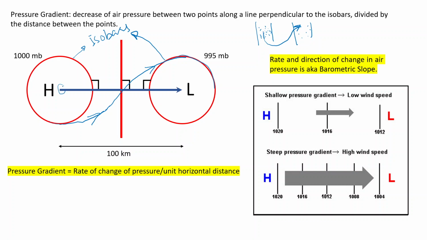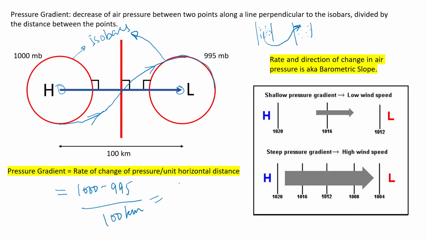So how do we calculate the pressure gradient? Let us say that the center of these two isobars is 100 kilometers apart, and the difference here is 5 millibar. So the pressure gradient is equal to 1000 millibar minus 995 millibar divided by 100 kilometers.